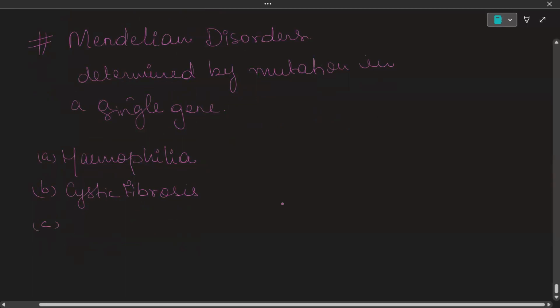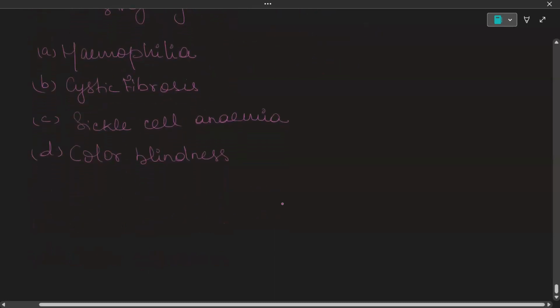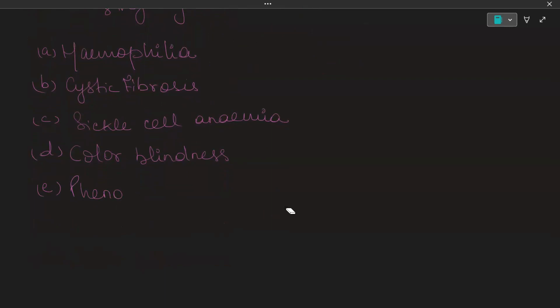So hemophilia is there, cystic fibrosis is there, then there is sickle cell anemia. Then there is color blindness. You might have heard about this disease also, that people are able to see certain shades and not able to see certain shades. Then there is phenylketonuria that we talked about, the pleiotropic one, that is also a Mendelian disorder.